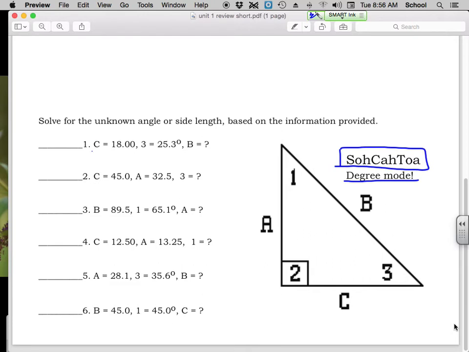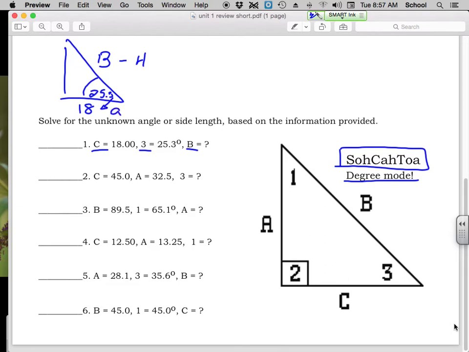So you'll have C and 3 and B. So if you have this, you say to yourself, okay, C down here is 18, and angle 3 was 25.3 degrees, and then we're looking for B. B is up here. So you say, well, B, this is clearly the hypotenuse, and compared to this angle, 18 is the adjacent side.